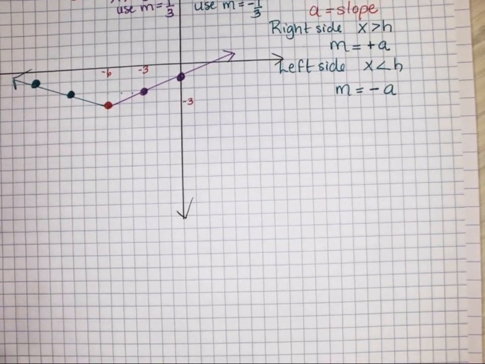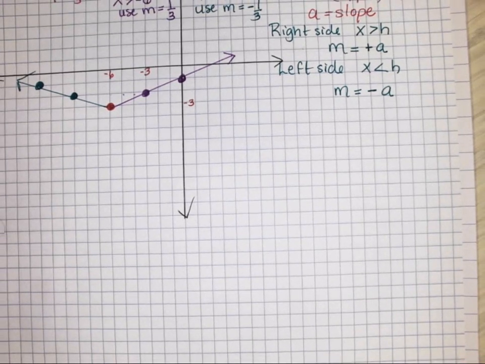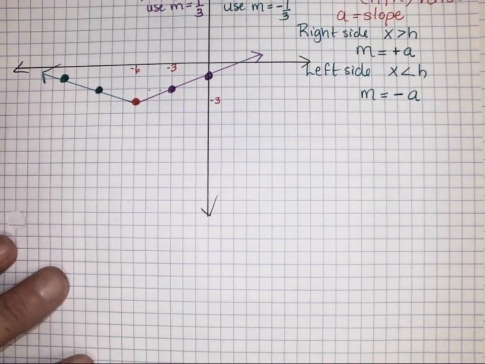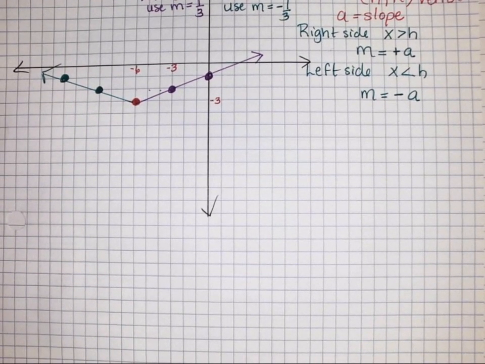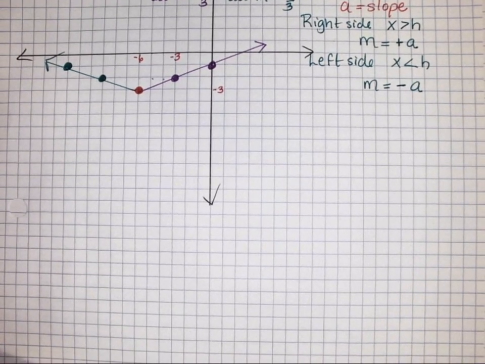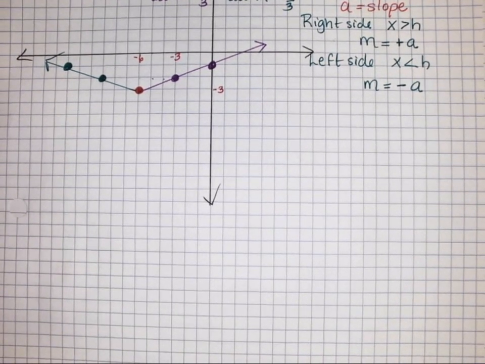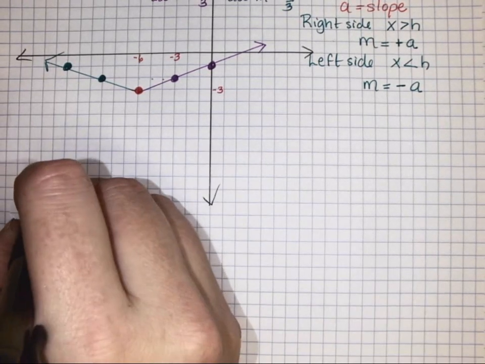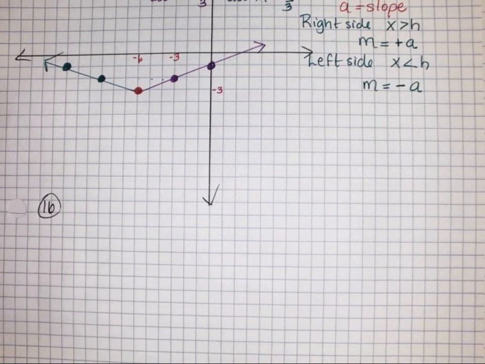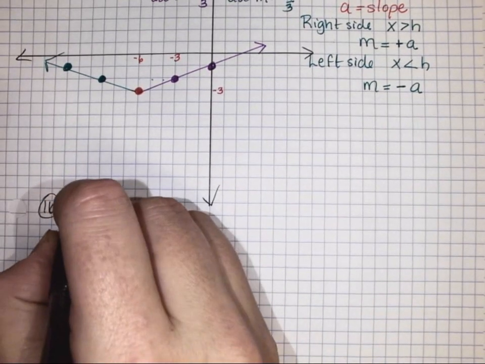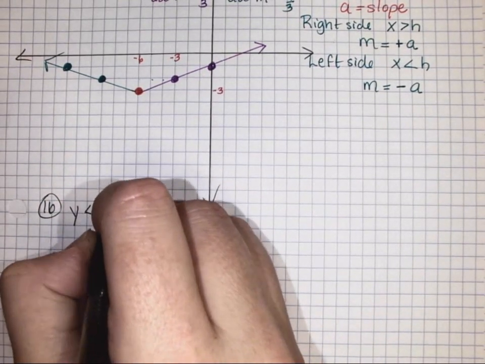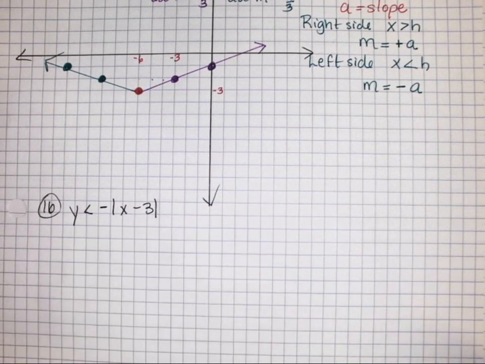Okay, let's graph 16. All right, on 16, we have y is less than negative |x minus 3|.